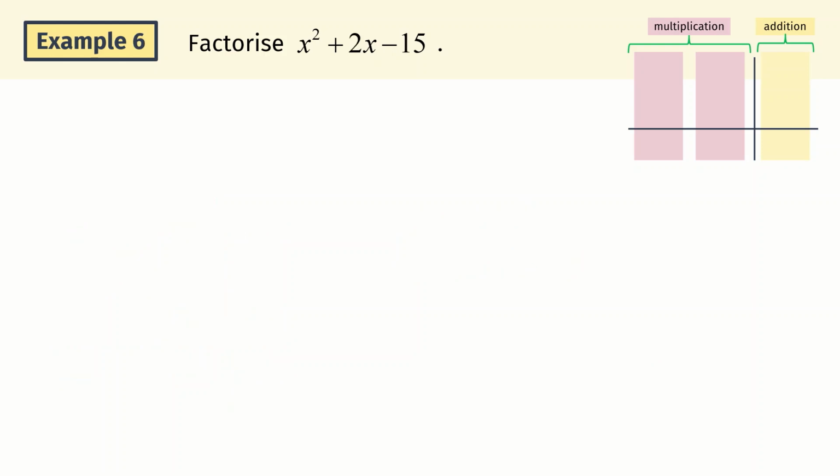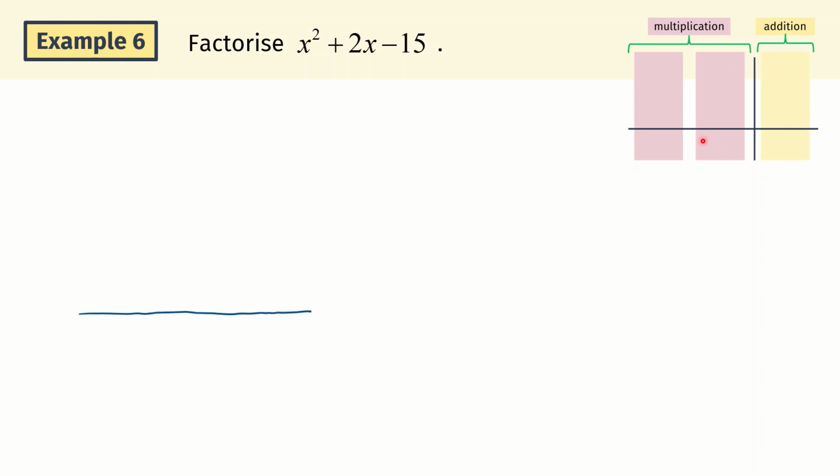Let us take a look at another example, where we want to factorize x squared plus 2x minus 15. So the framework is actually here. We will continue to apply this frame, the cross method.